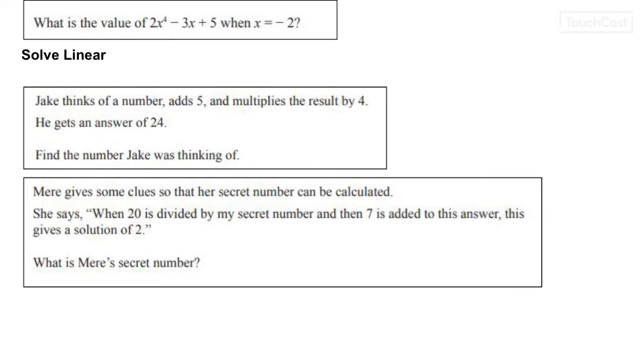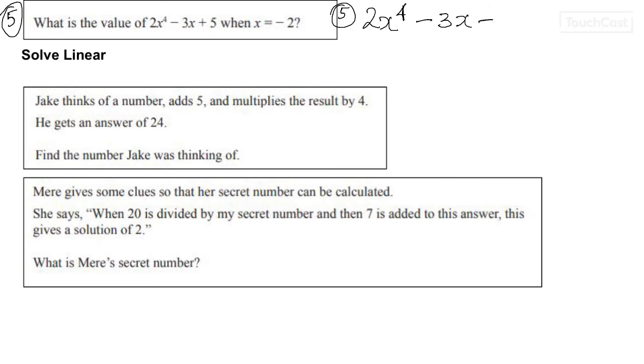Next one, I suppose this is question number 5. What is the value of 2x to the power 4 minus 3x plus 5? I better write down the question number.